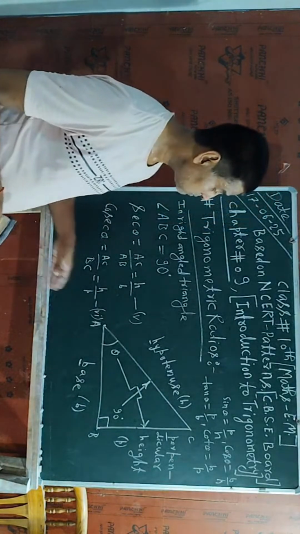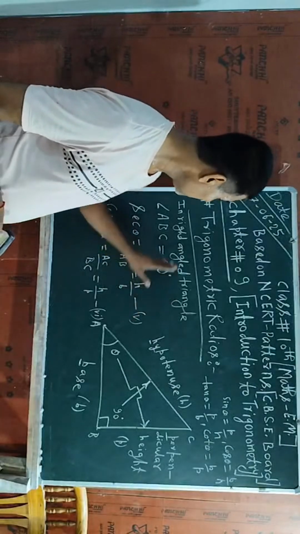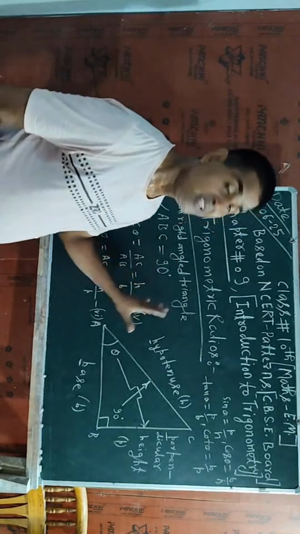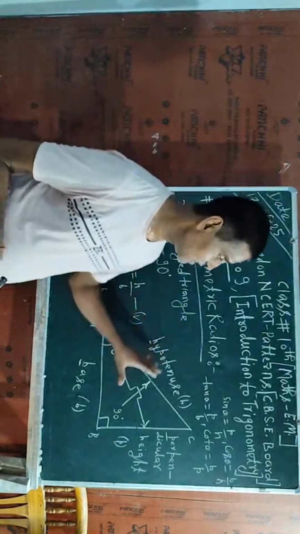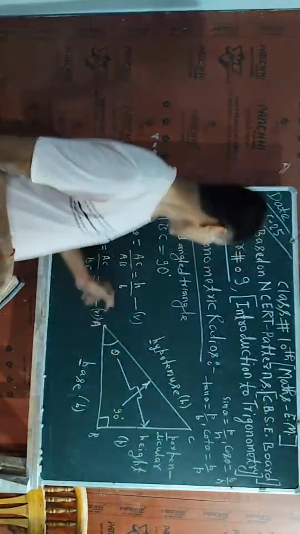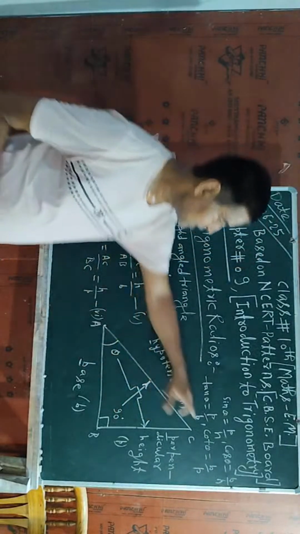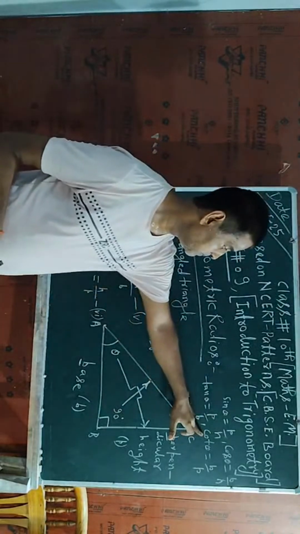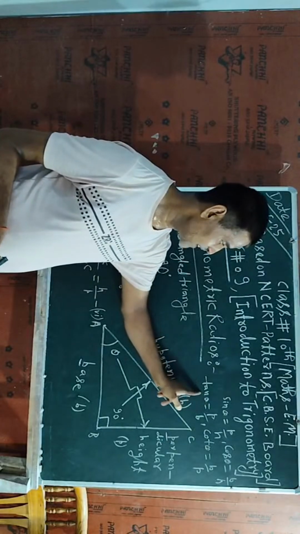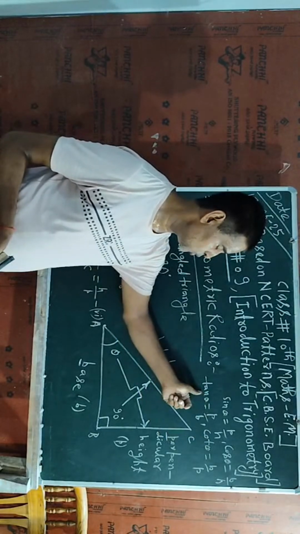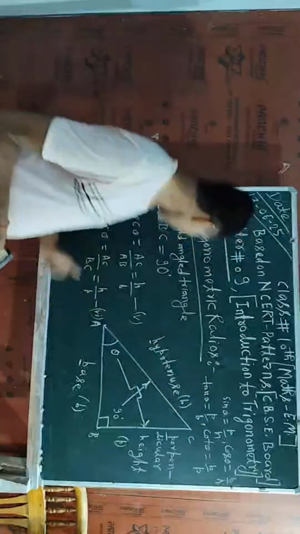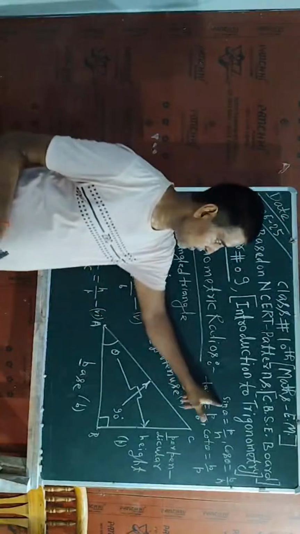Now, if you are understanding how to get the trigonometrical ratios, there are only 6 trigonometrical ratios. 3 trigonometrical ratios are exact, but the other 3 are inverses. Cot theta is the reciprocal of tan theta, sec theta is the reciprocal of cos theta, and cosec theta is the reciprocal of sin theta.